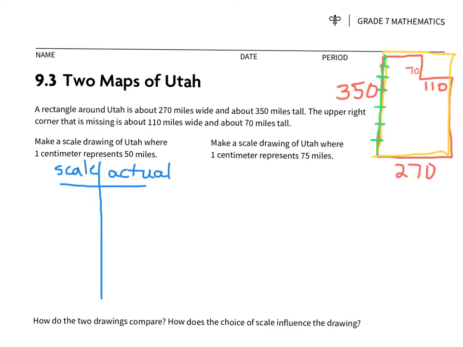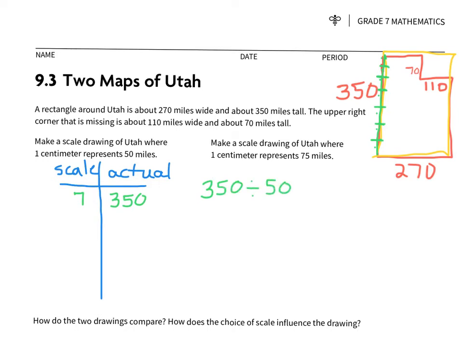If we count, that's 1, 2, 3, 4, 5, 6, 7. So that 350 miles in this scale of 1 centimeter represents 50 miles turned out to be 7 centimeters. Really what we did there is we took that 350 and divided it by 50.